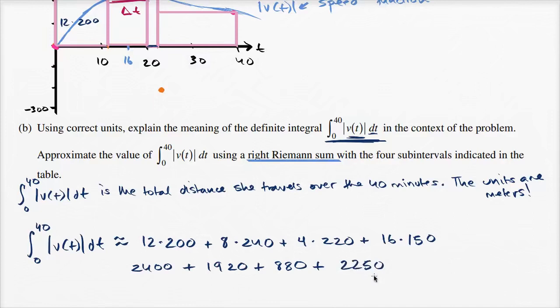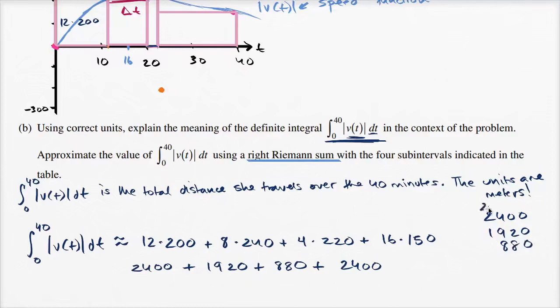So 16 times 150 is 2,400. Now we want to add all these together. Let me just do it the easiest way. 2,400 plus 1920 plus 880 plus 2,400.